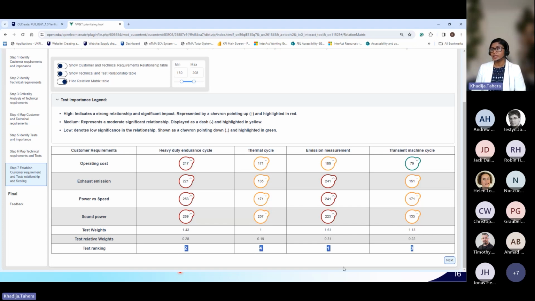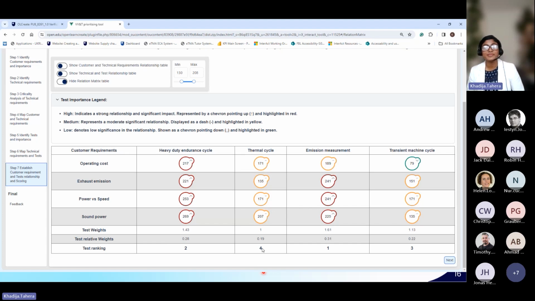So by doing that, the tool is telling us that emission measurement became the high priority test among these 4. This is the top priority one, the ranked one, sorry. The ranked one from our analysis is telling heavy duty endurance cycle is the 2nd, transient machine cycle is 3rd, and then thermal cycle is 4th.